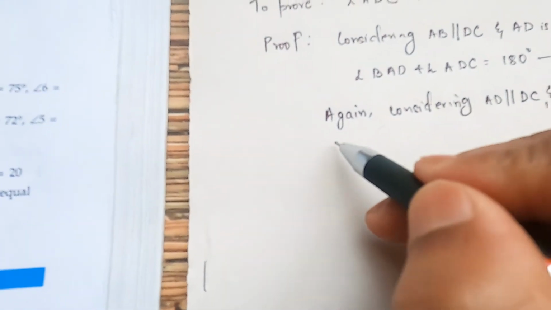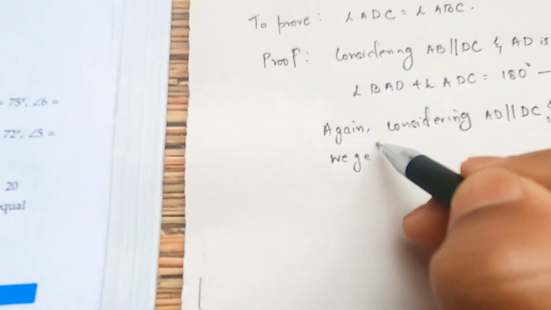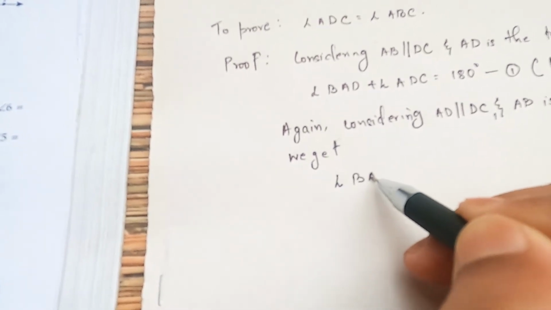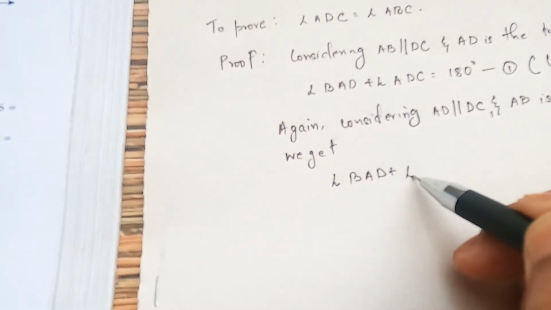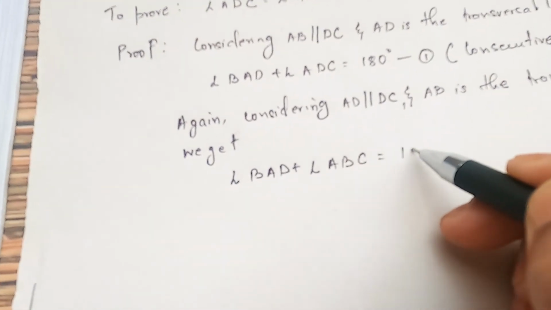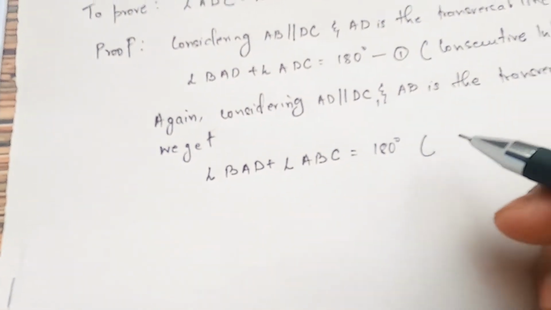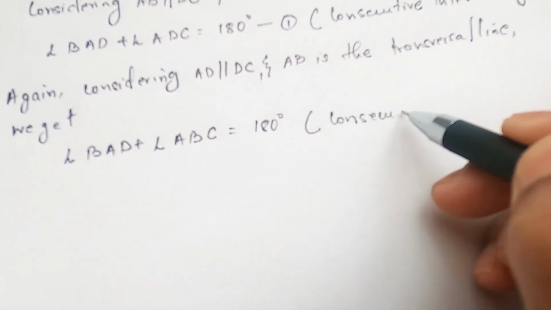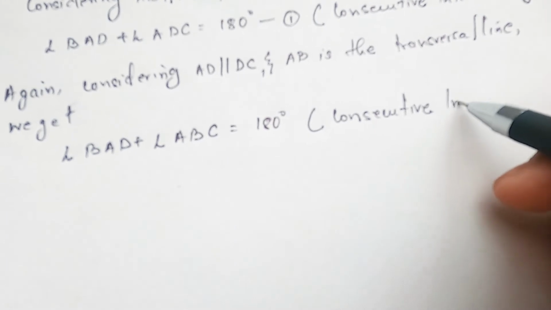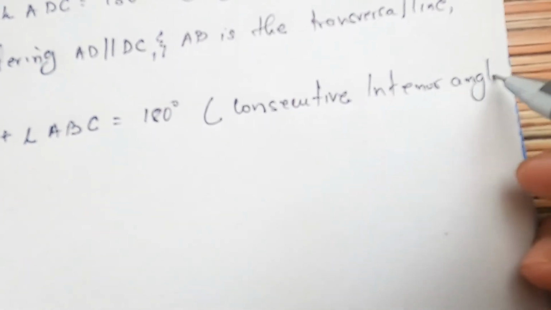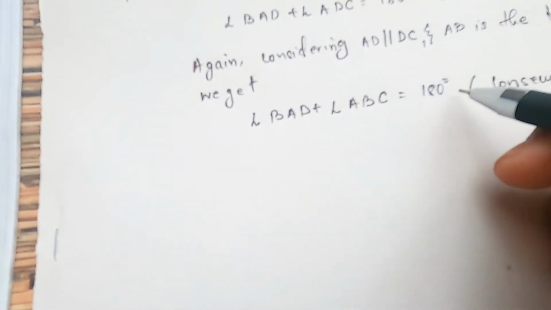We get angle BAD plus angle ABC is equal to 180 degrees. Reason: consecutive interior angles. All right, so we name this as equation 2.